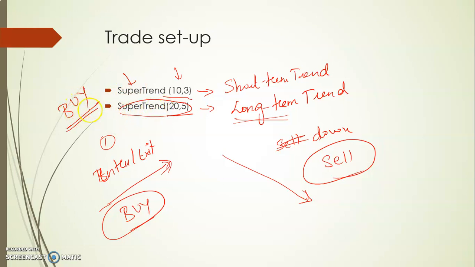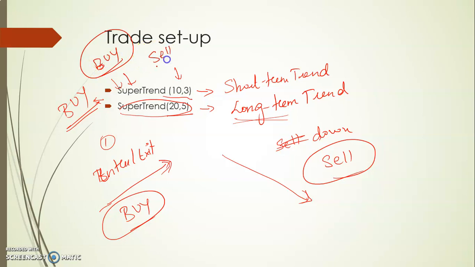So when we have a long term buy signal, this is our trend identifier. Once we know that, then look at what is the signal in the short term indicator, super trend 10,3. If it gives us a buy, then buy the stock.